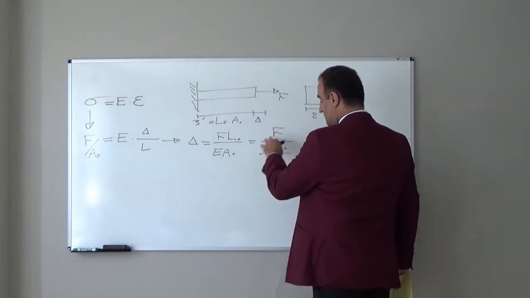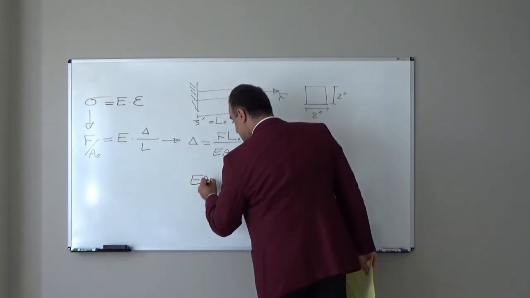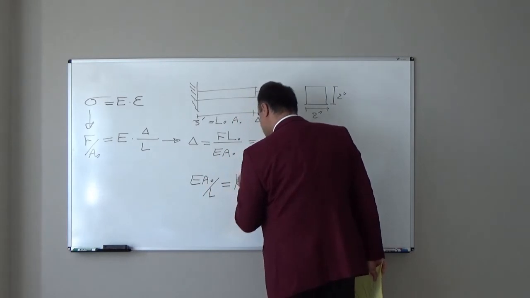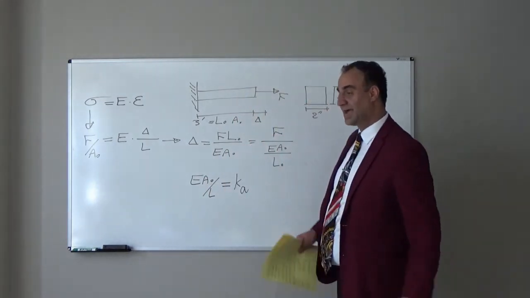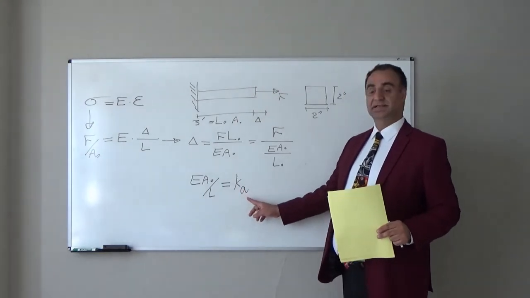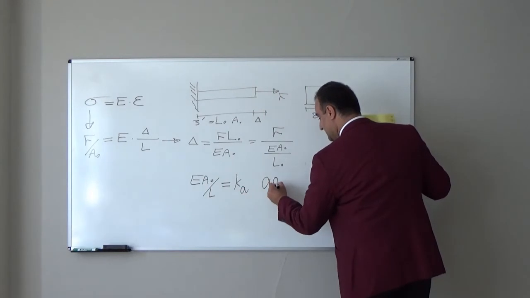Here, if I show it in this form, E A0 over L, we call it axial stiffness. K stands for stiffness, A stands for axial.